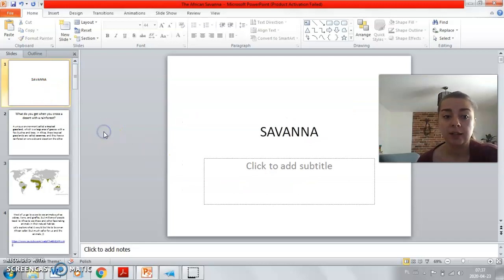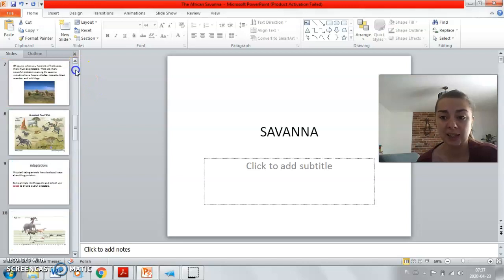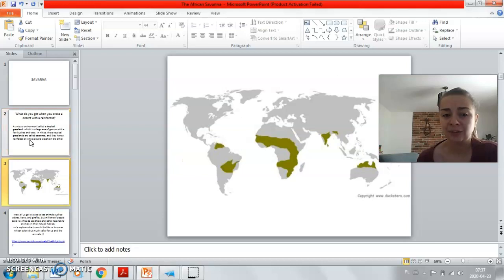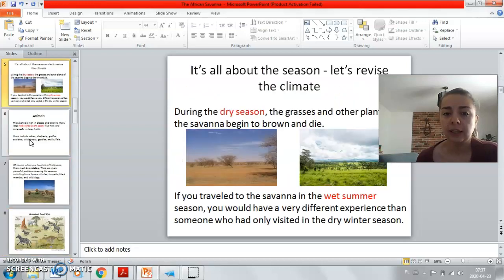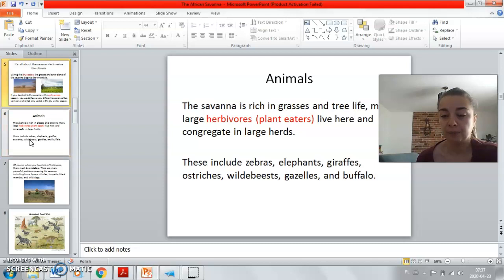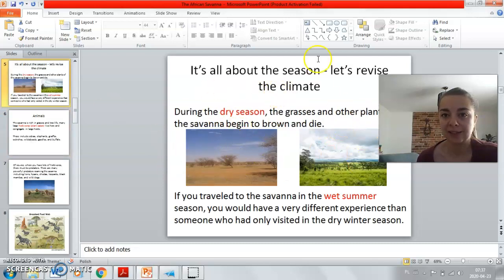Okay, so as you can see, it's quite long. It's got 23 slides. So I can imagine it might take you some time to read it. Okay, so if you feel the text is too complicated for you and you just can't do that, you focus on the slides with the red words because they are the key words.